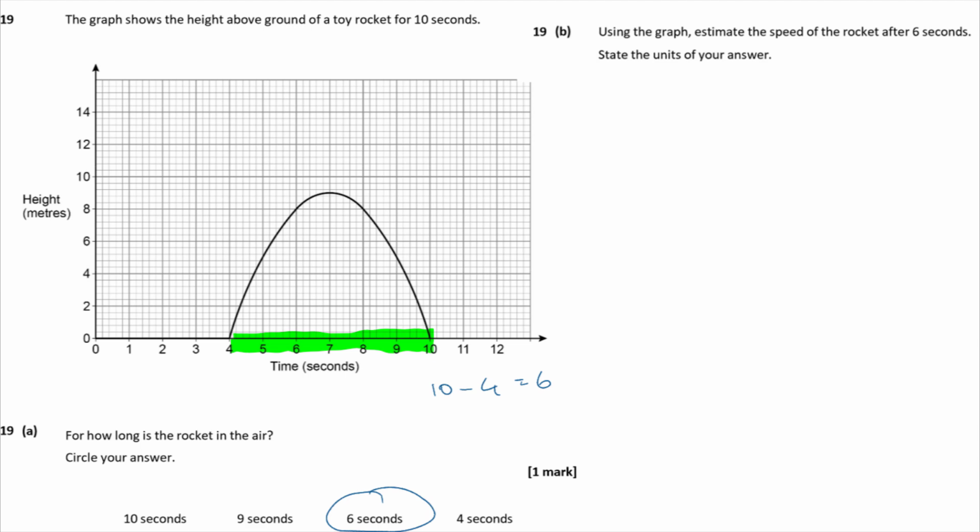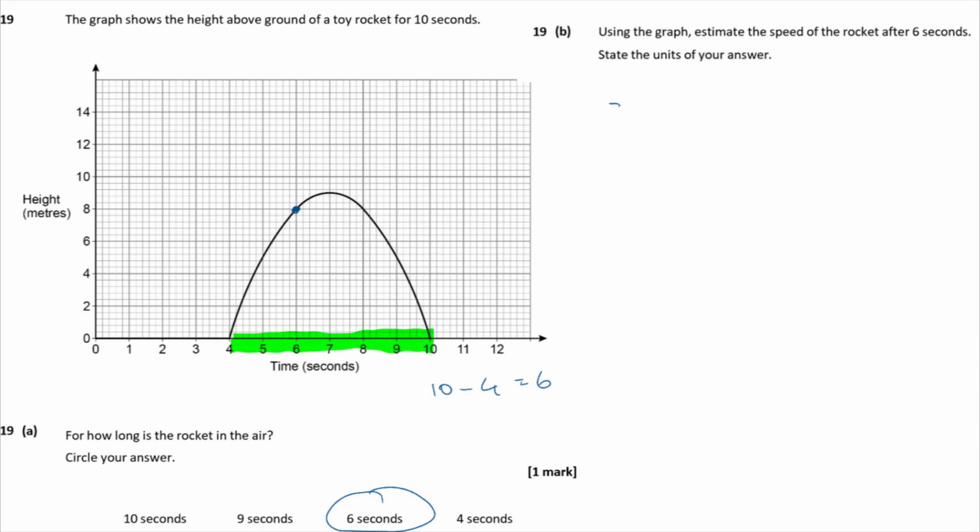Now part B says, using the graph, estimate the speed of the rocket after 6 seconds. State the units of your answer. So after 6 seconds, this is the point on the graph for t equals 6, isn't it? Now, it's a curved graph at this point. Generally, if you've got a distance-time graph and you want the speed, then you need to find the gradient of the line, isn't it?